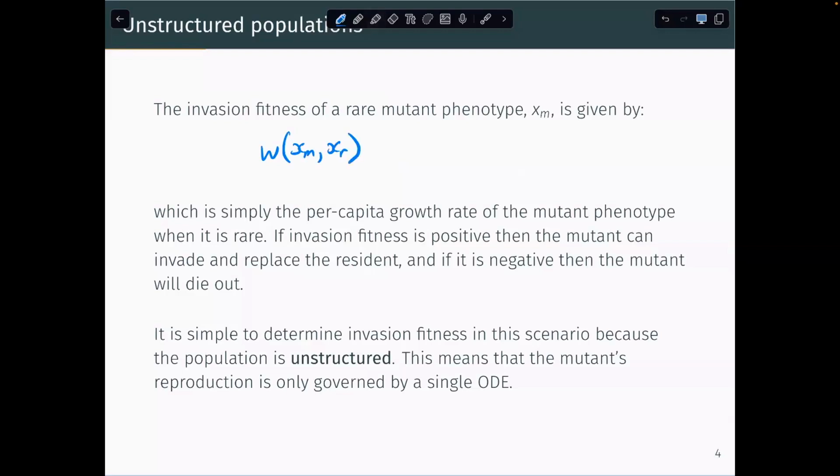So this is saying what is the invasion fitness of phenotype xm, our rare mutant, into an environment that is defined by our resident with phenotype xr. And this was just, in these simple models, the per capita growth rate of our mutant at our resident equilibrium.